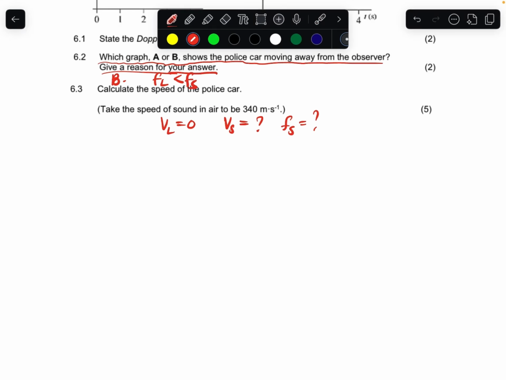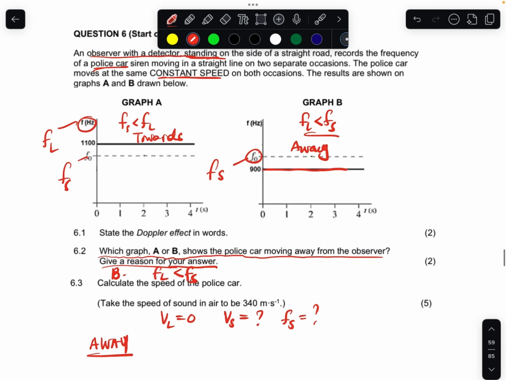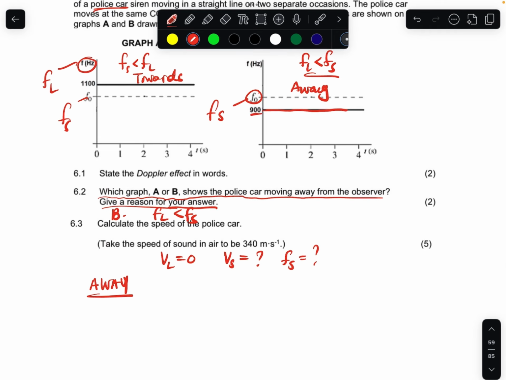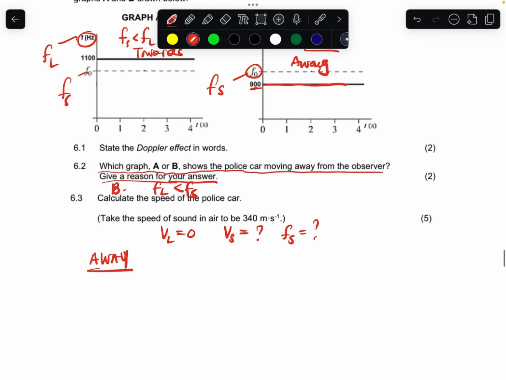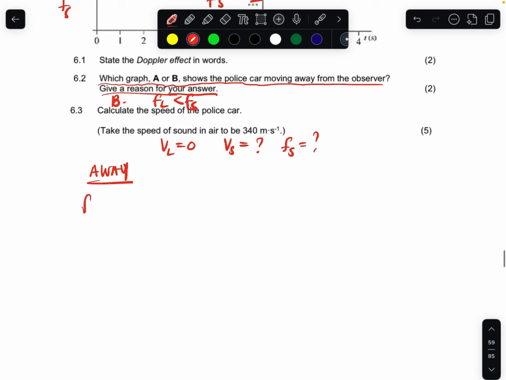So I'll write the simultaneous equations. I'll start with the away case. The frequency of the listener is 900. Let's write the equation: f_L equals (V plus or minus V_L) over (V plus or minus V_S) times the frequency of the source.